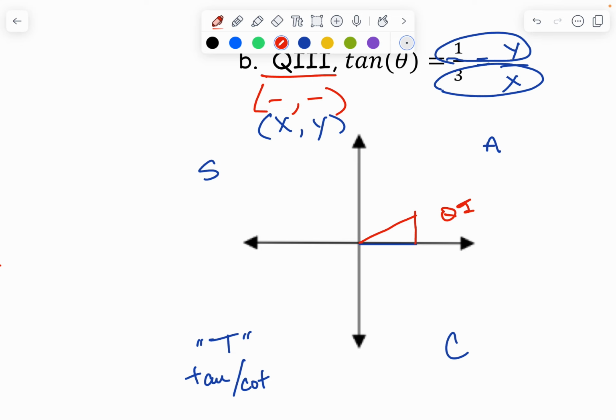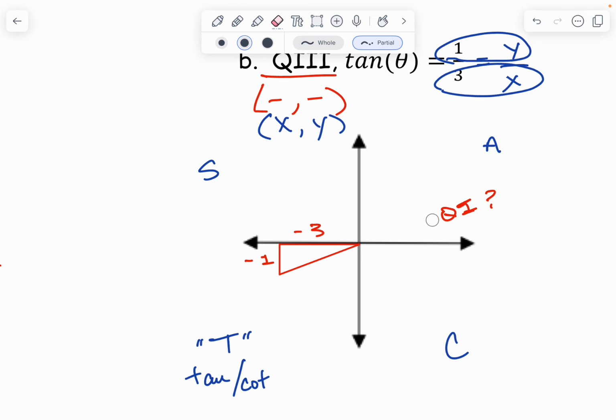And I'm not supposed to be in Q1. I'm supposed to be over here. So how do I get over there? Well, it's because both of these values are actually negative. So the 3 and the 1 are negative. And if you did a negative over a negative, you get a positive. That's why tangent is positive.